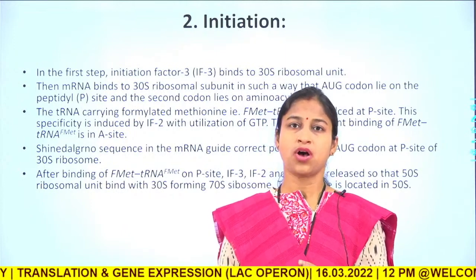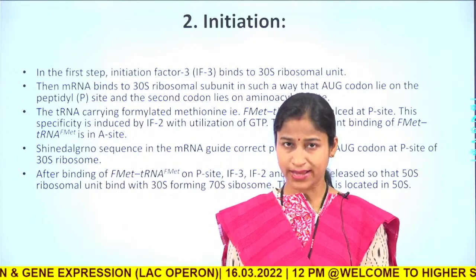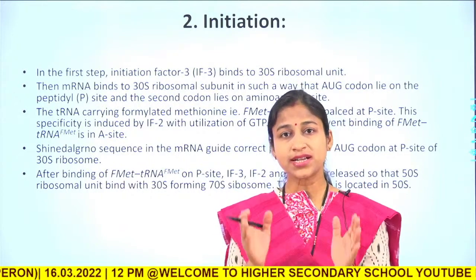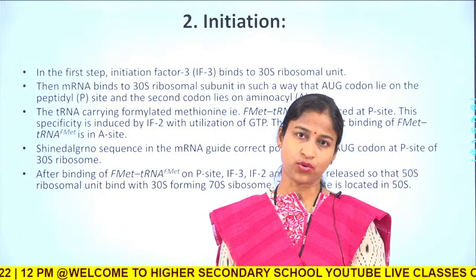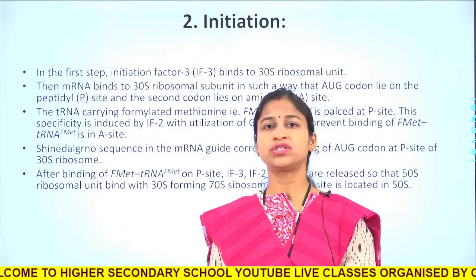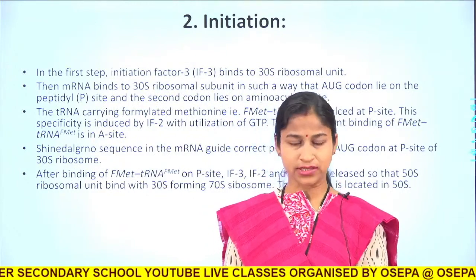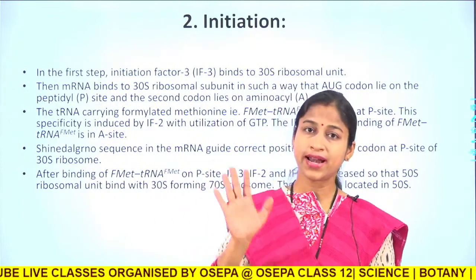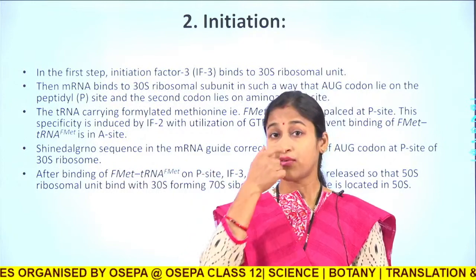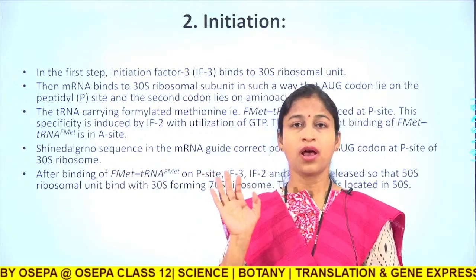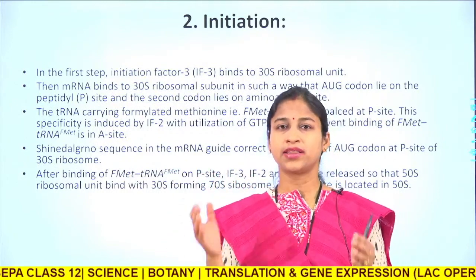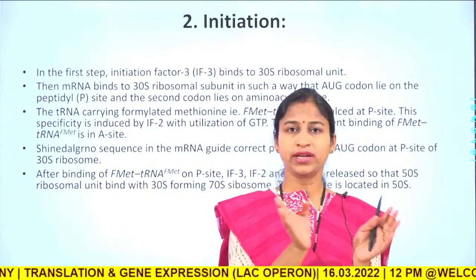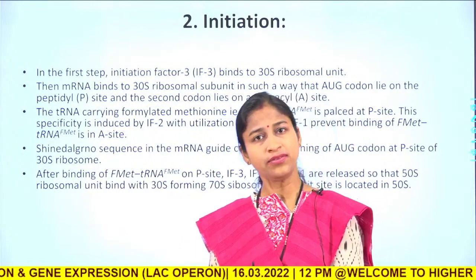Apart from these, many translation initiation factors are required. In prokaryotes there are 3 initiation factors for translation, whereas in eukaryotes there are 9 initiation factors for the act of initiation. But more or less, the mechanism of initiation is the same in both prokaryotes and eukaryotes.